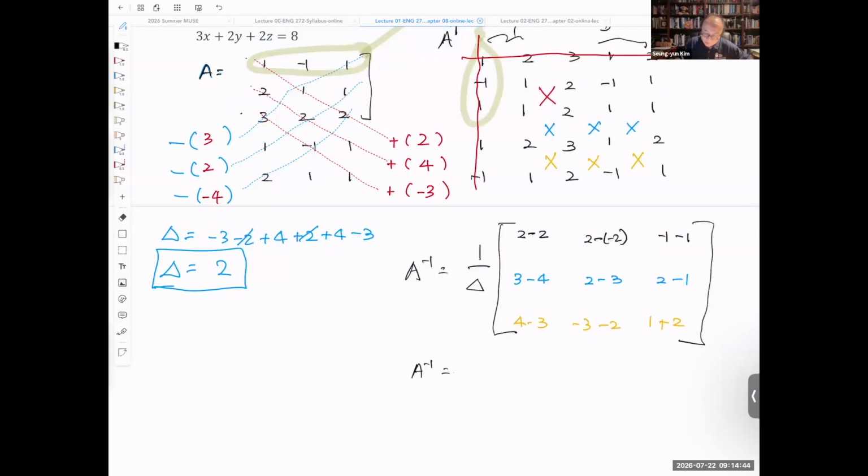So our inverse is 1 over 2 times 0, 4, negative 2, negative 1, negative 1, positive 1, positive 1, negative 5, positive 3.